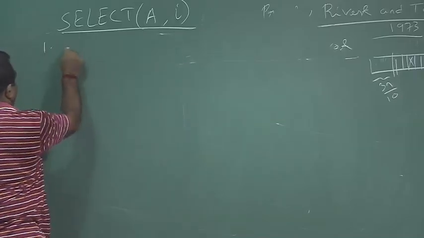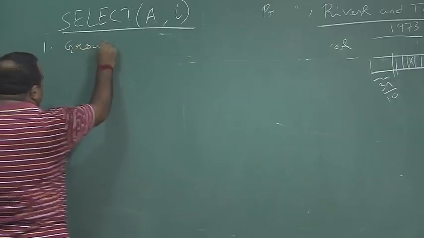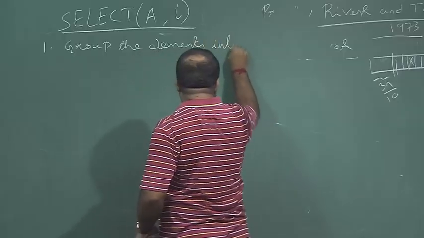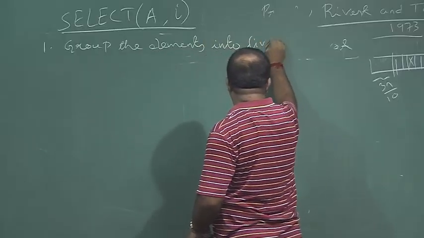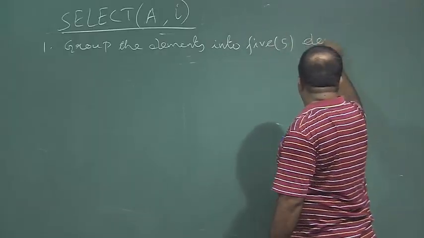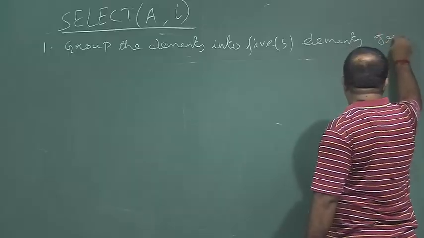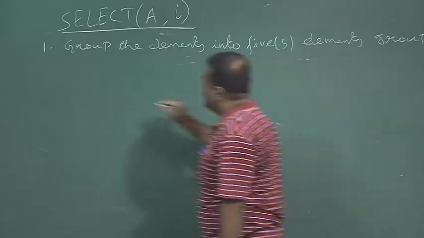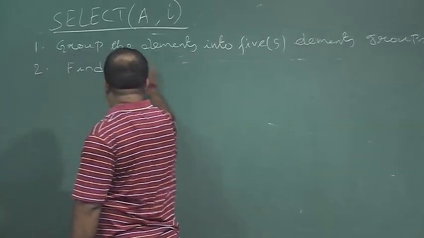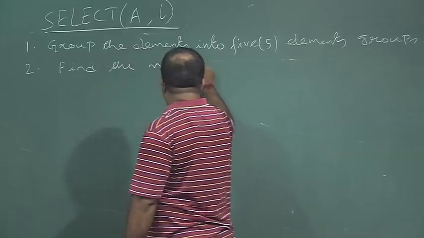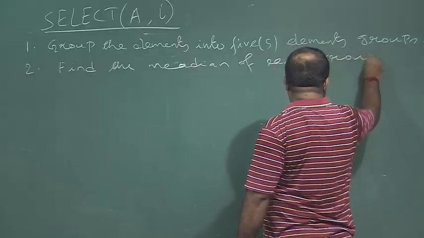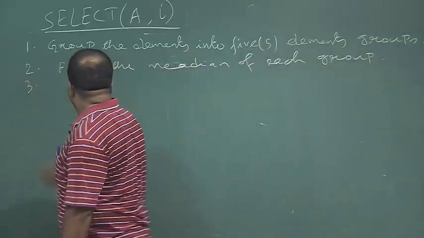So, what we are doing? We group the elements into groups of 5 elements, and then find the median of each group, and so we have some medians.